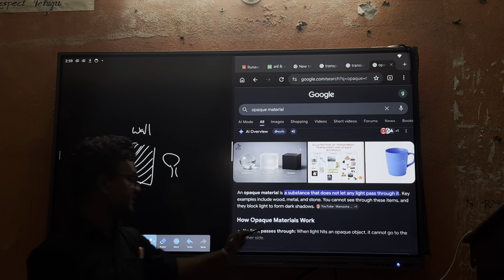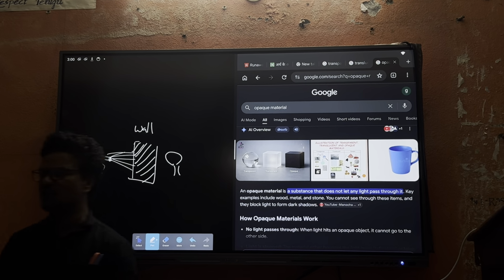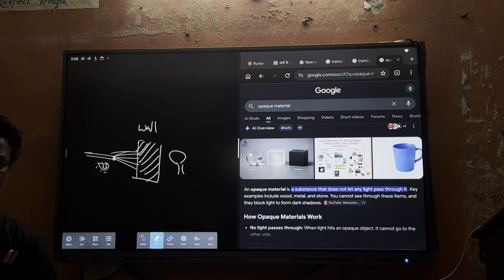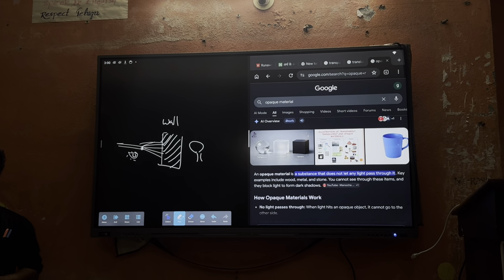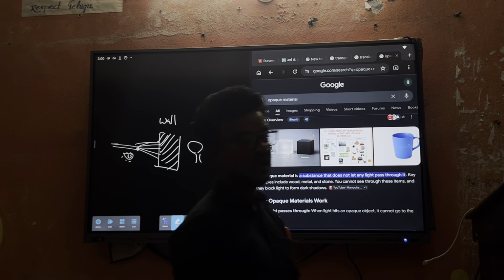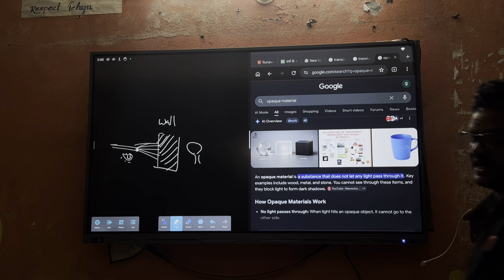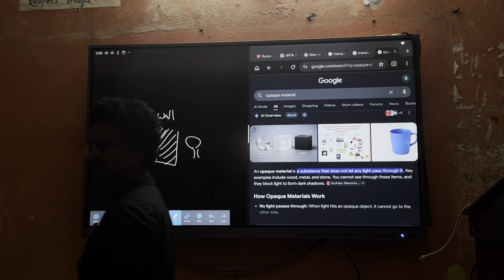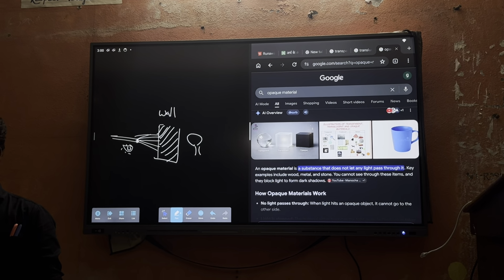Examples: wood, metal, stone. Most of the materials in our surroundings are opaque objects. So this is the classification of opacity: first transparent, second translucent, third opaque. Examples of transparent: air, water.